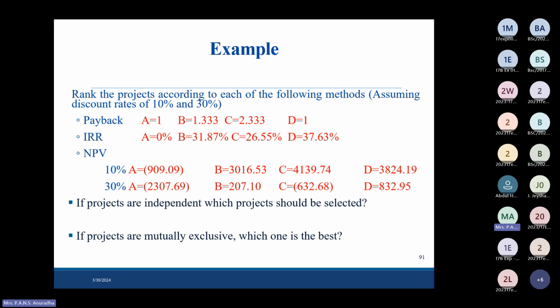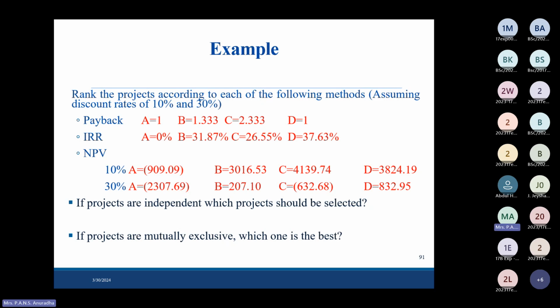If projects are independent, do you know what independent projects are? Projects with a different purpose. They are not mutually exclusive. So if A, B, C, D are independent projects, which projects should be selected?